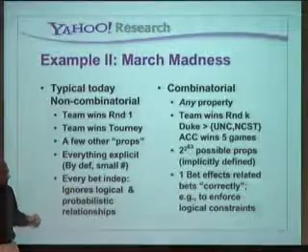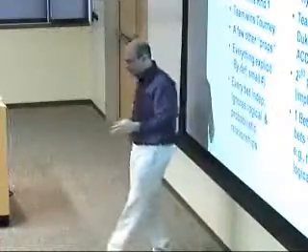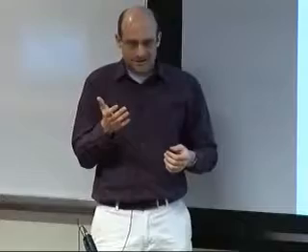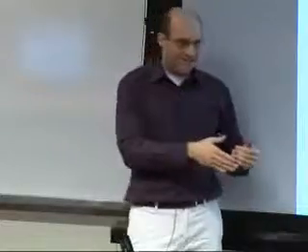I guess the other advantage of this, which I mentioned, was that logical and probabilistic reasoning can be handled by the system. So, for example, if someone bets that Duke will win the whole tournament, that should automatically increase the odds of Duke winning in the first round, right?